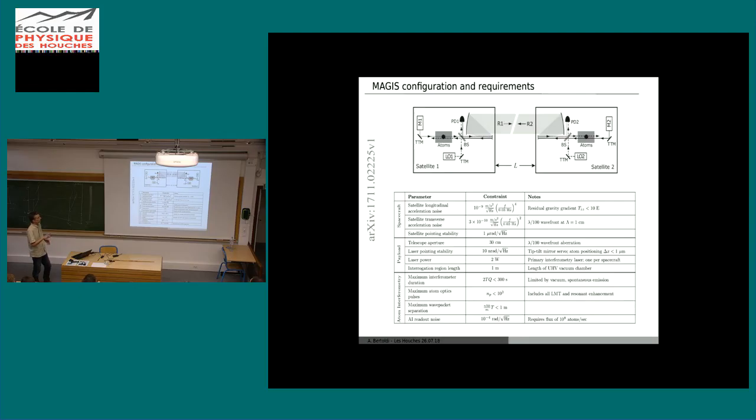And here's how it looks. It's a two satellite configuration. Here there are all the numbers. There is an atomic interferometer here, an atomic interferometer there, and then parabolic mirrors in order to transfer the light and build the optical link between the two.